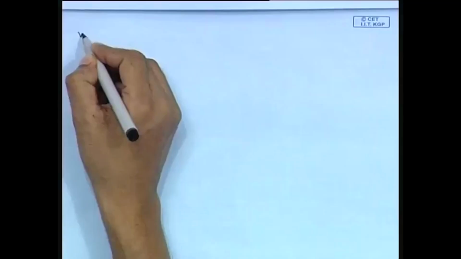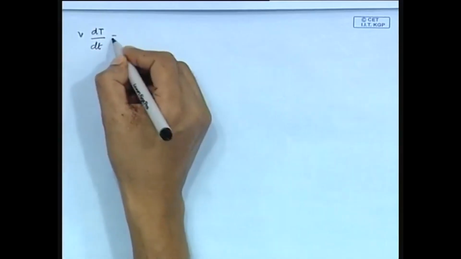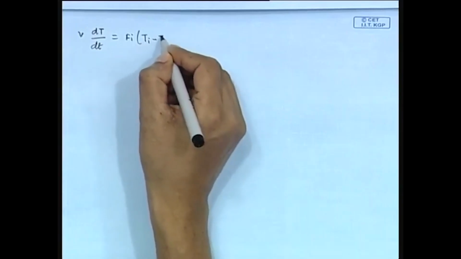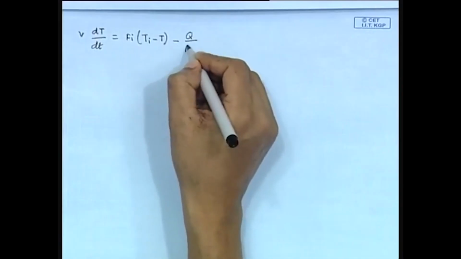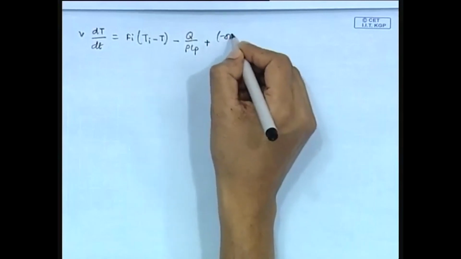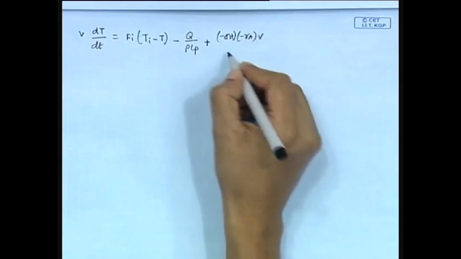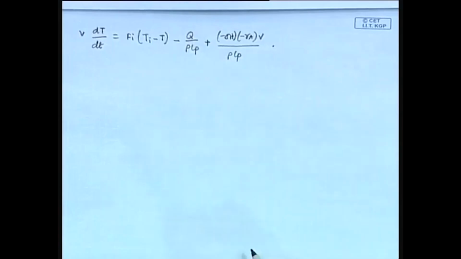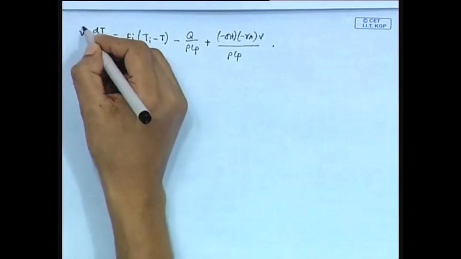we get V dT/dt equals Fi (Ti minus T) minus Q divided by rho Cp plus minus del H minus Ra into V divided by rho Cp. And finally, we will divide both sides by this volume term.